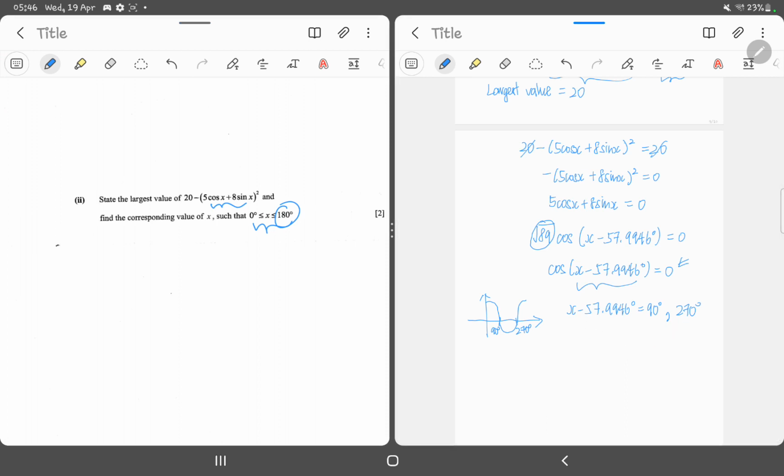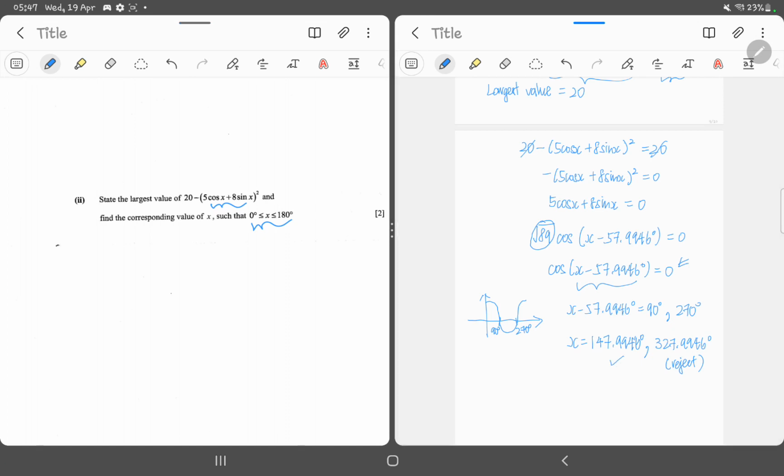So I have to reject this answer. Never mind, let's just keep it first. So x equals to 147.9946 degrees and 327.9946 degrees. We have to reject this because the question asks for the range of the angle x between 0 degrees and 180 degrees inclusive.